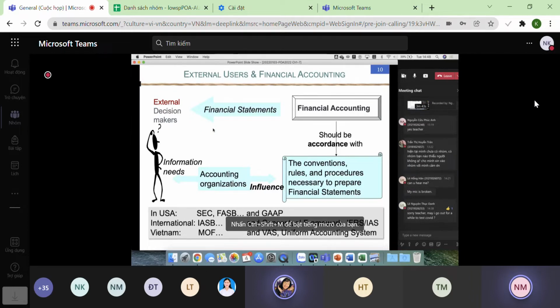Can you distinguish between the two? Cái người lập ra báo cáo là kế toán, nhưng người có trách nhiệm phải cung cấp báo cáo đó ra bên ngoài chịu trách nhiệm đó là giám đốc. Get that? They have the responsibility to provide financial statements to the external user, right?